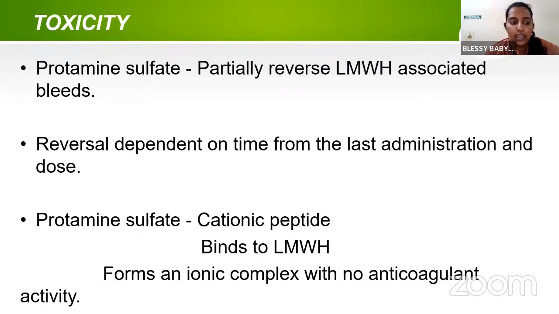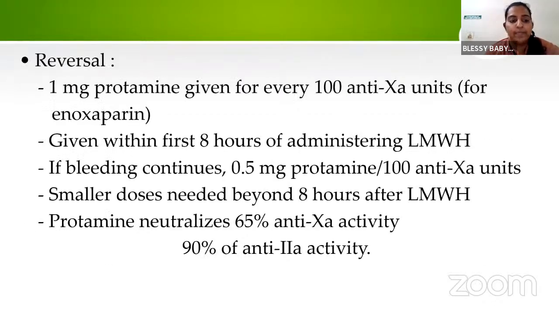Then about the dosing of protamine, 1 milligram of protamine is given for every 100 anti-10A units for enoxaparin, and it is given within first 8 hours of administered low molecular weight heparin. And if bleeding still continues, 0.5 milligram protamine per 100 anti-10A units is given.